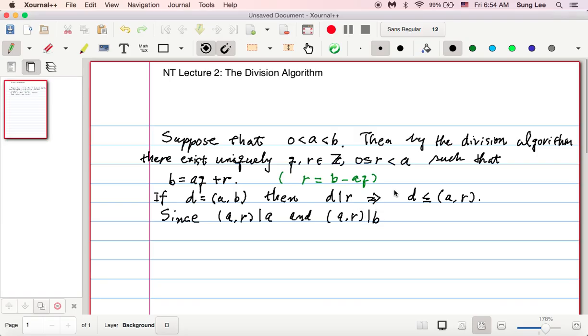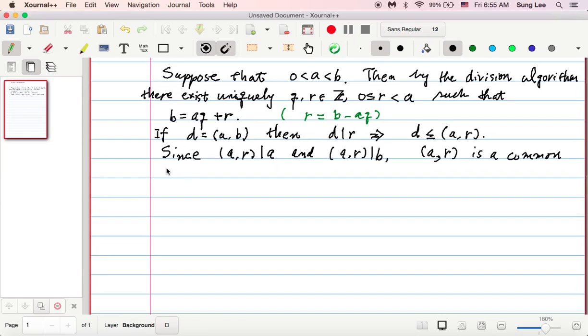So this means that the greatest common divisor of a and r is a common divisor of a and b.